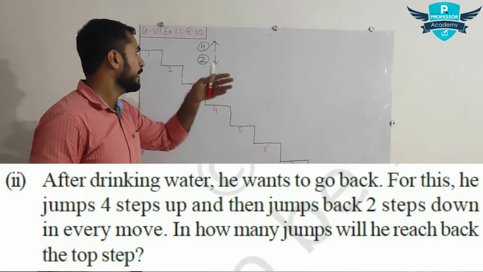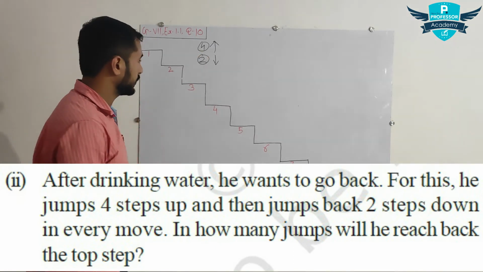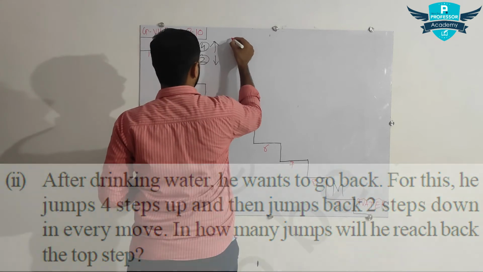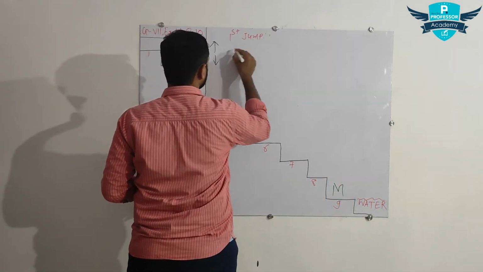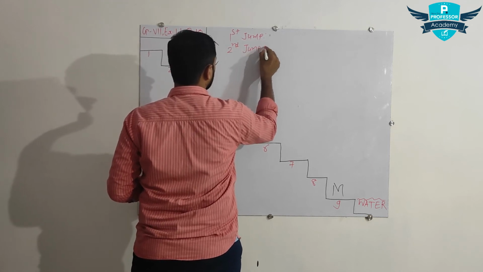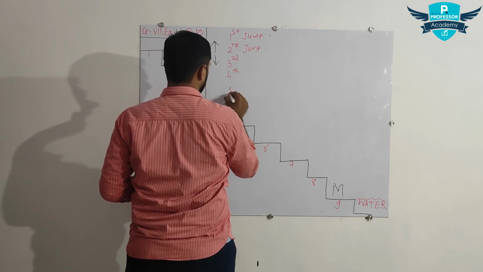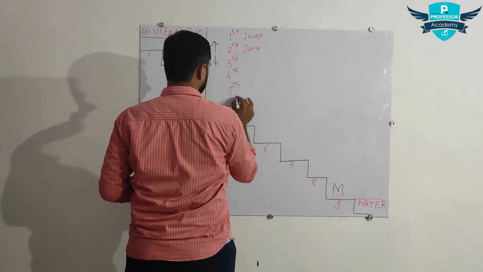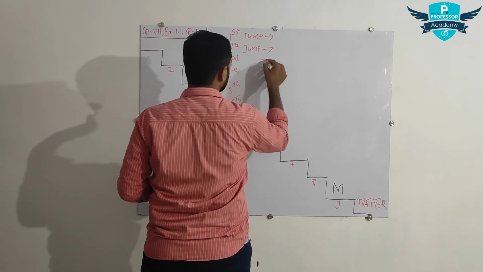Again on the third jump, 4, 2, 4, 2, like that. So the same process we will do: the first jump, then second jump, third, fourth, fifth, and sixth. We'll add more if it's needed.